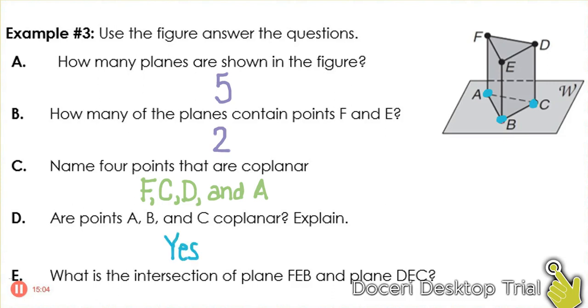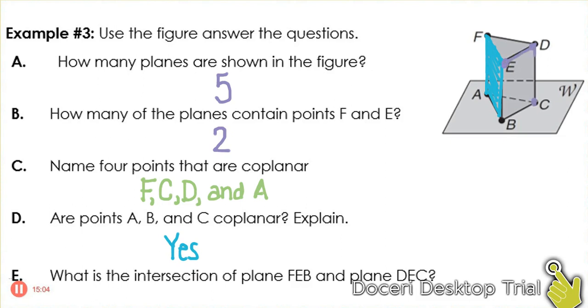And what is the intersection of plane FEB? So I want to know where plane FEB, so I only have to name it with 3 points, so we're talking about this plane right here. Where does plane FEB intersect with plane DEC? So DEC would be this plane to the right.